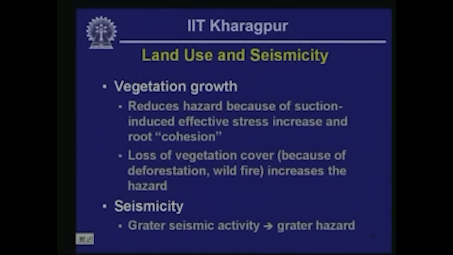So, what happens because of loss of vegetation cover, because of man-made deforestation or natural wildfire? If you lose a substantial proportion of vegetation in a given area, that increases the likelihood of landslide hazard.